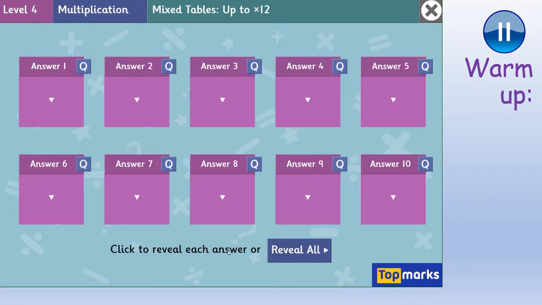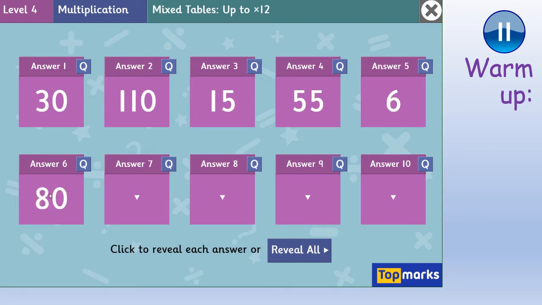Excellent work. Are we ready to mark our work? Make sure you've got a coloured pen or pencil ready. Question 1, 30. Question 2, 110. Question 3, 15. Question 4, 55. Question 5, 6.